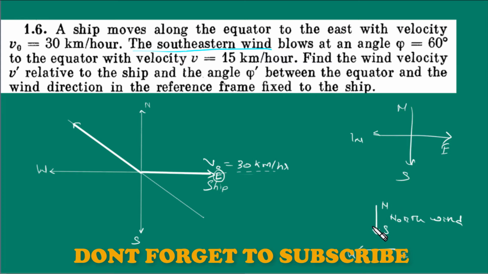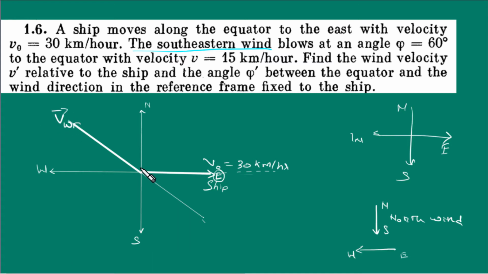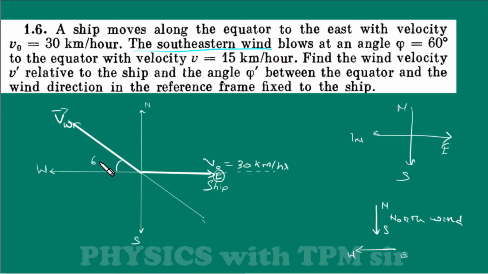And since this is southeastern wind, that means it is moving from southeastern to northwestern region, right? So actually this is the direction of wind. This is the velocity of wind vector, and the direction of the wind is making angle 60 with the equator. This is given. Now it is an easy question.